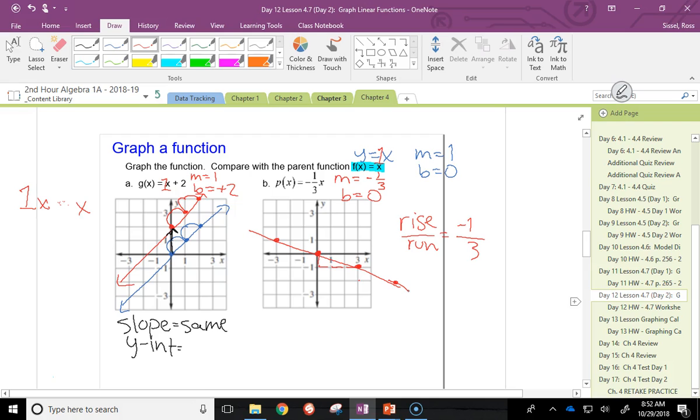And what's the slope of that? The slope is 1. And what's the y-intercept? 0. So what's the first point that we plot? 0, 0. And then what do we do? Rise over run. Up 1 over 1.